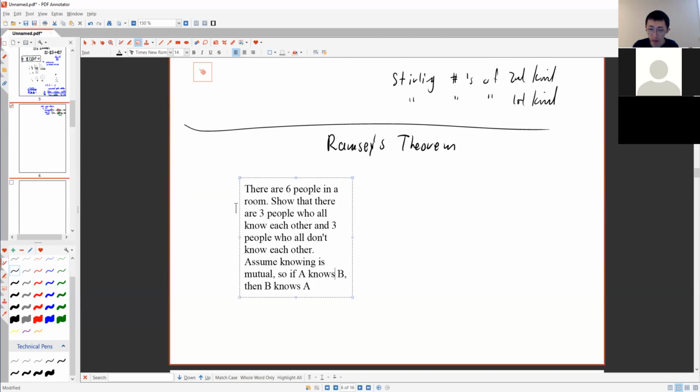Let's just call the 6 people, very uncreatively, people number 1 through 6. So yeah, how can we do this? It's kind of like a graph theory coloring problem.